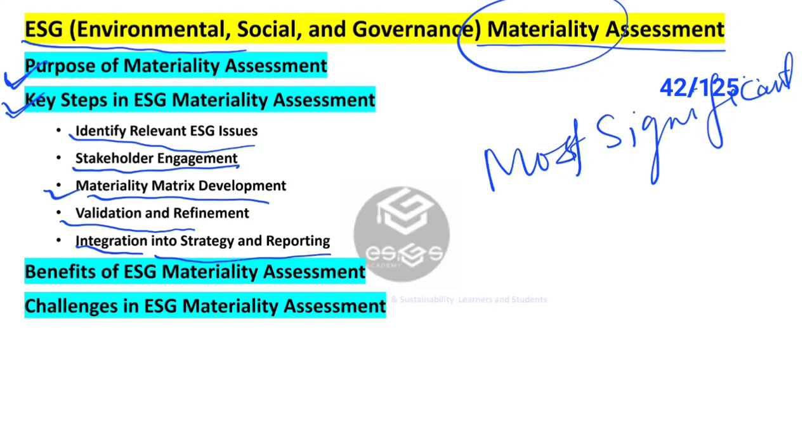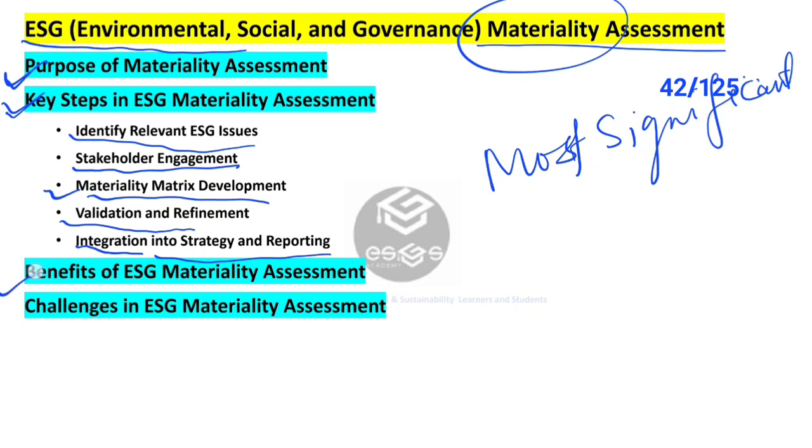Integrate all the material ESG issues into the organizational strategic planning, risk management frameworks and operational decision making processes. Also, in reporting, disclose material ESG issues and related performance metrics and indicators in ESG reports, sustainability reports and regulatory filings.